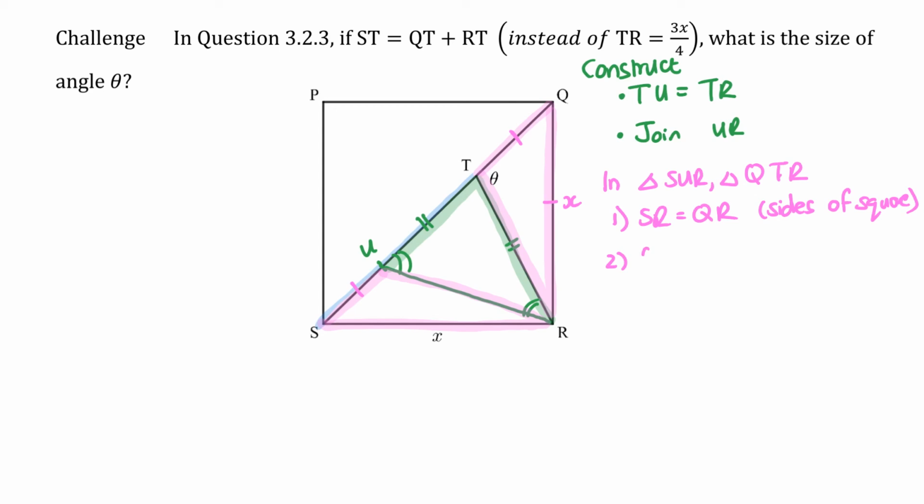Number 2, QT is equal to SU, given. And number 3, I've got those angles of 45. So I've got USR is equal to TQR is equal to 45 degrees, and my reason would be diagonals of square.